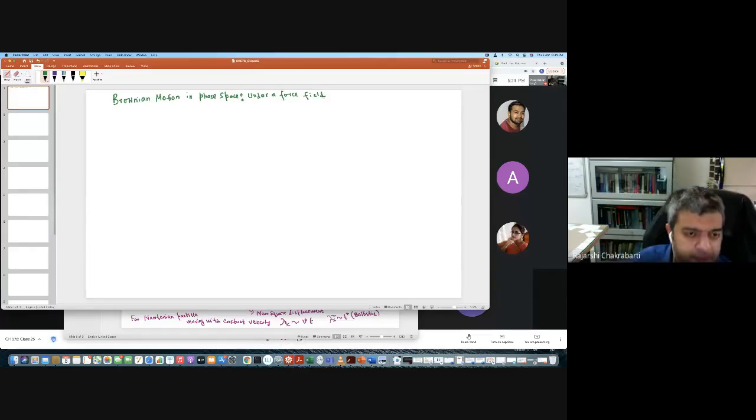Let us start with this notation: Q stands for the position of the particle, and P is the momentum of the particle.